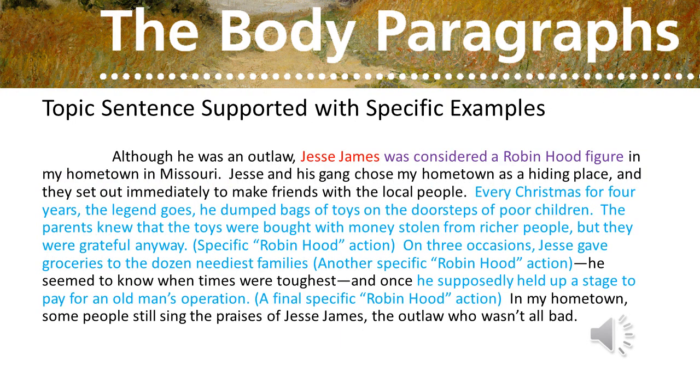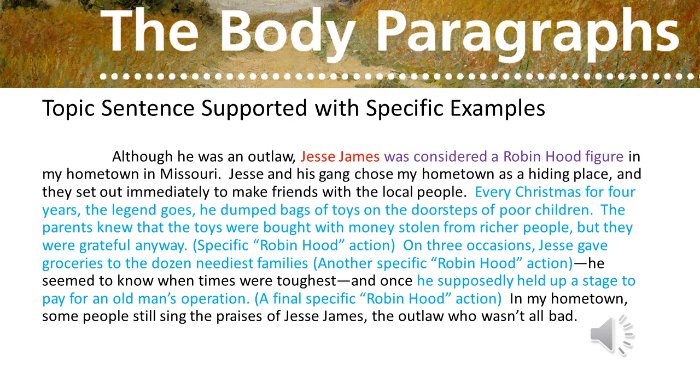Now, here's the same topic sentence, but not the same paragraph. And you'll notice the blue in this paragraph and in paragraphs on slides that follow will indicate supporting evidence or supporting details or examples. Okay? And so here's what we have here, the same topic sentence.